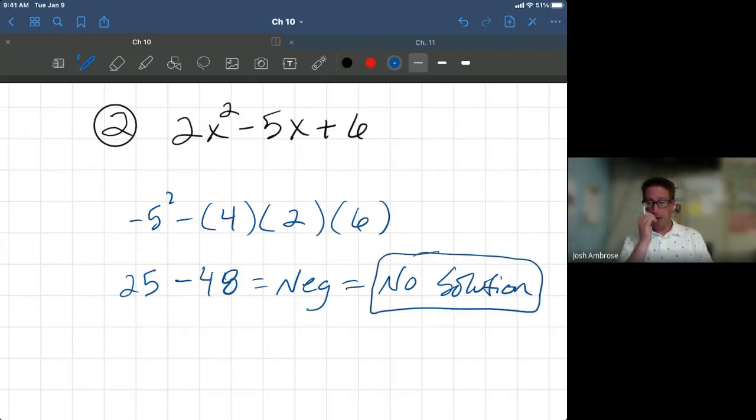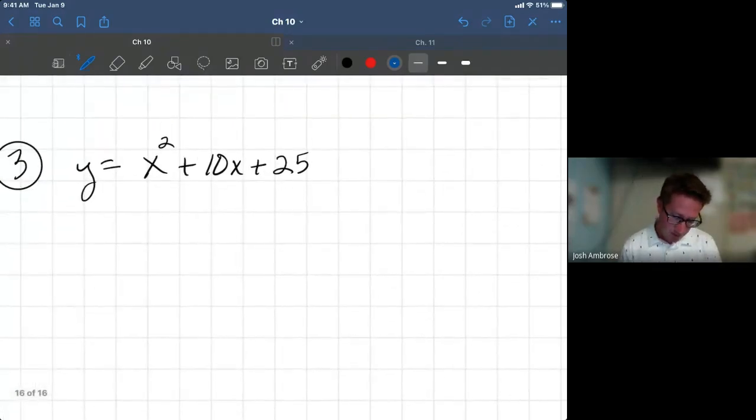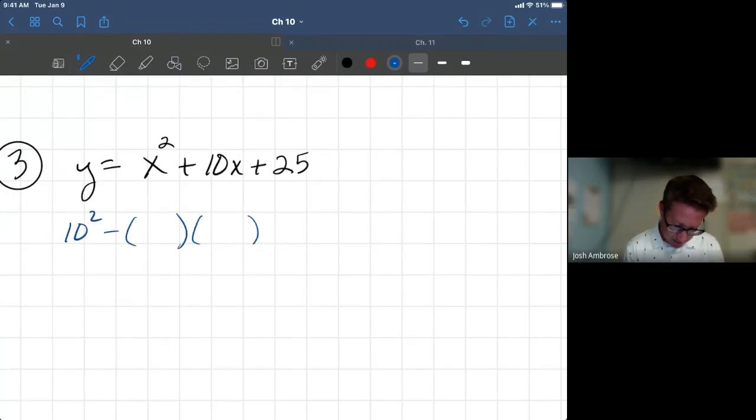Okay, there we go. Again, just work the discriminant. Get to the point where you can easily determine positive, negative, or 0. All right, let's do example problem number 3 here. So b squared minus 4 times a times c.